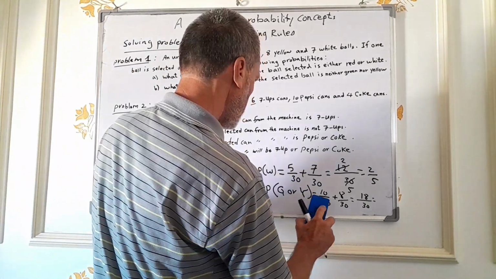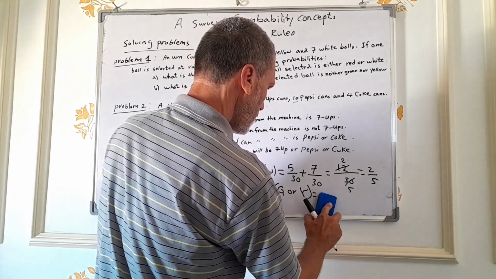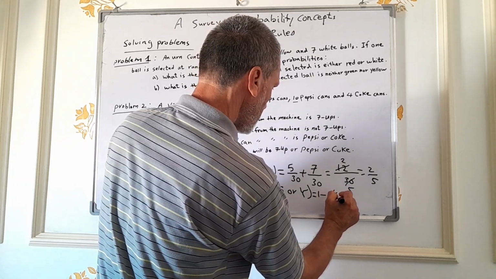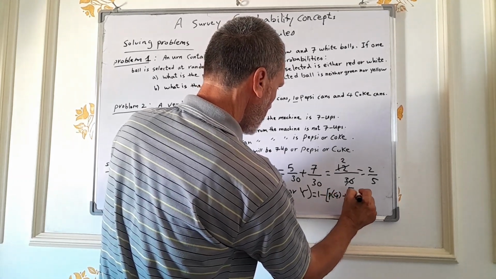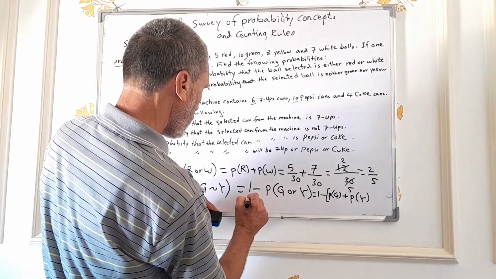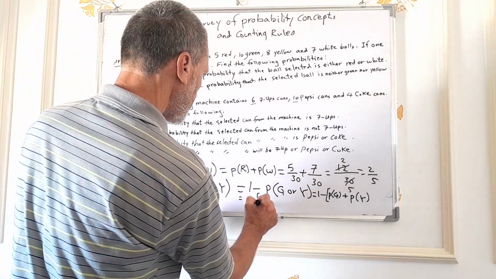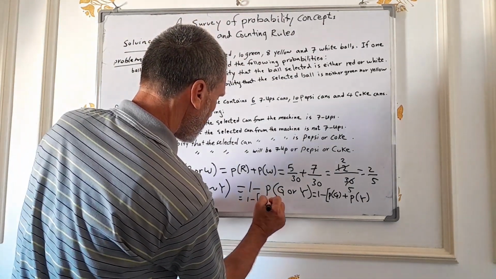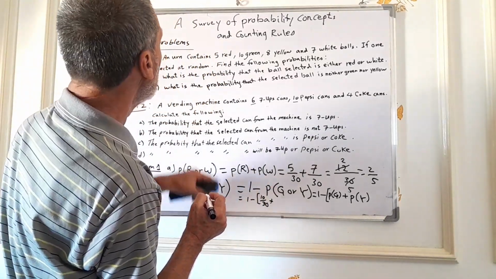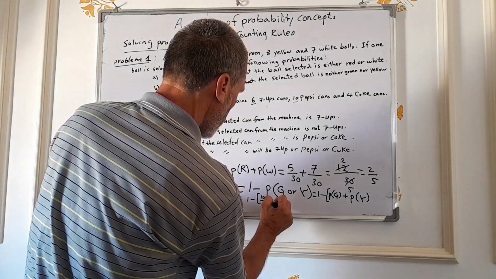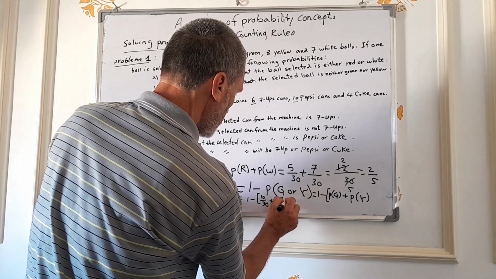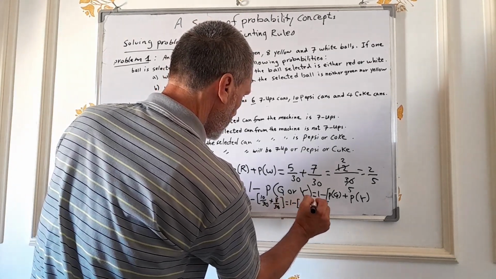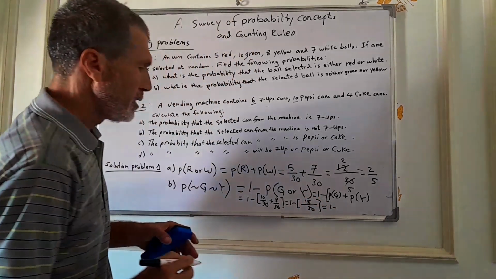So we have 1 minus probability of green plus probability of yellow, which is equal to 1 minus 10 over 30 plus 8 over 30, which is equal to 1 minus 18 over 30.